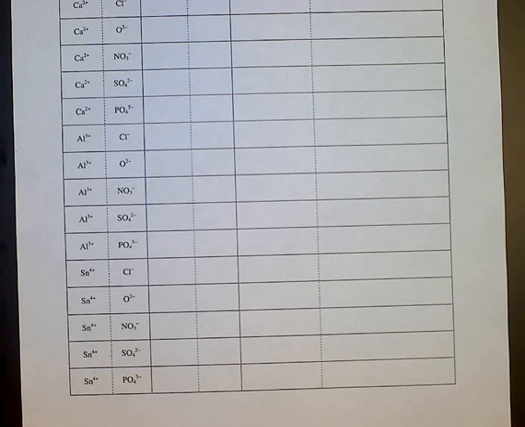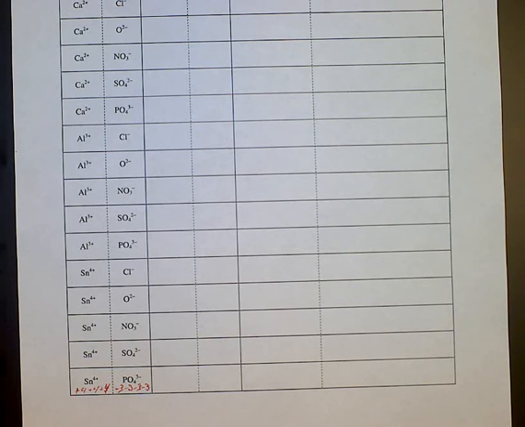So that means we want to get a charge of 12 on both sides. So in order to get 12, I need 3 +4s. And in order to get 12 with 3s, I need, oops, that should be a 4. I need 4 minus 3s to get those to equal 0.